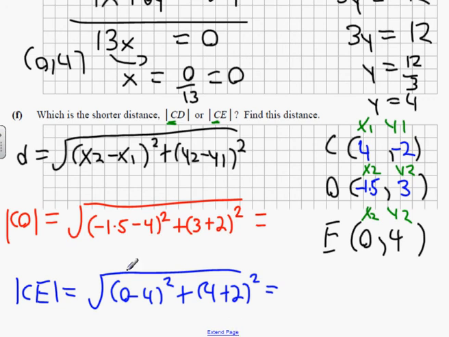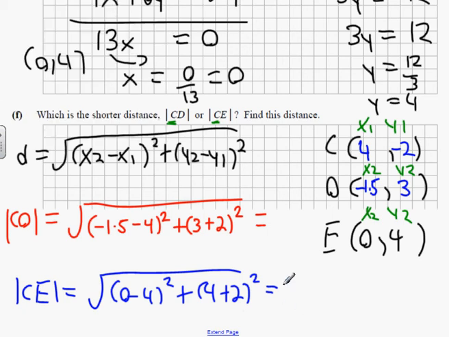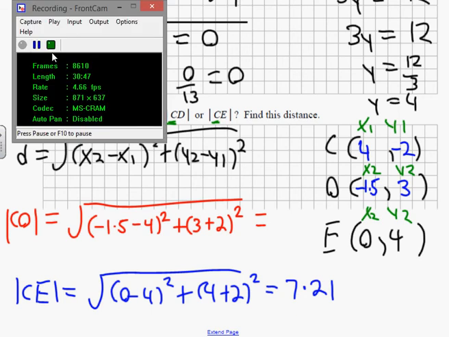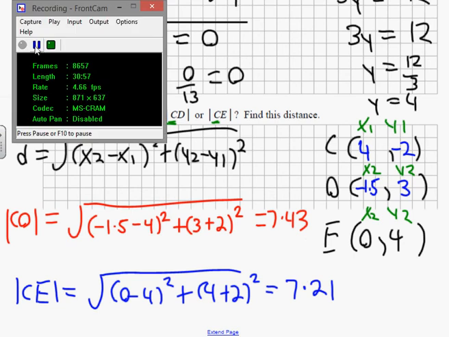Chris or somebody else on blue, please? Go. David's saying that the blue one is 7.21, and what's the red one? Anybody got the red one? Okay, red one is 7.43. We can see that the red line is bigger than the blue line.